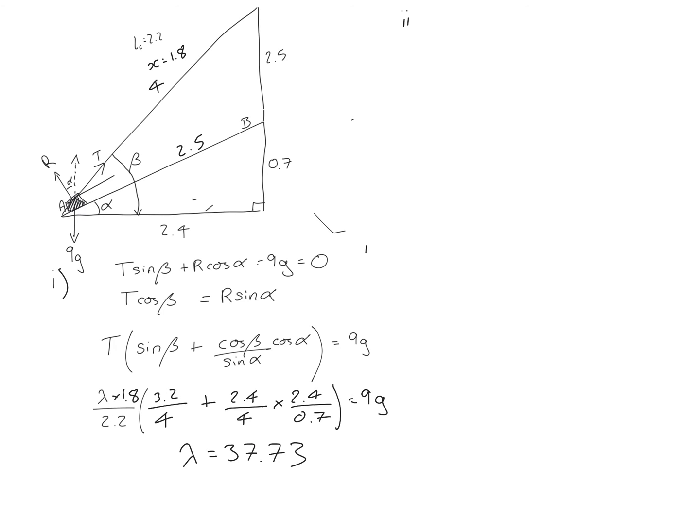Let's have a go at part 2 up here. The block starts at rest and a constant force of 18 newtons acting in the direction of AB is then applied to the block so that it slides along the line AB. Find the magnitude and direction of the acceleration when it leaves point A. So when it leaves, the net force on it is just the force that you're applying, which is the 18 newtons.